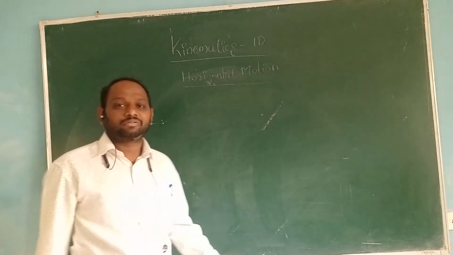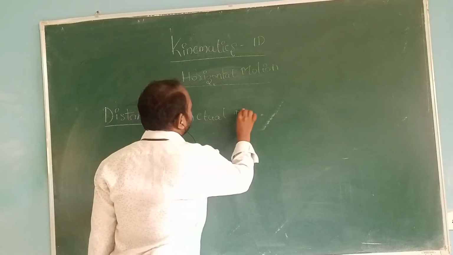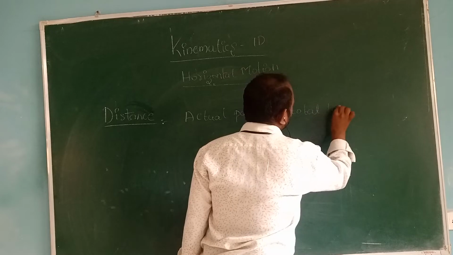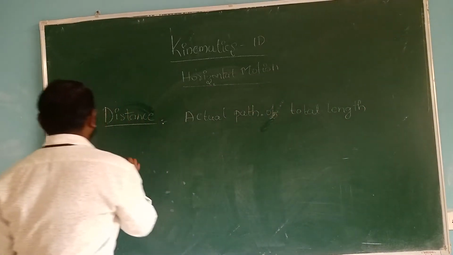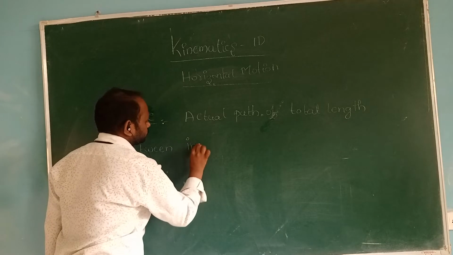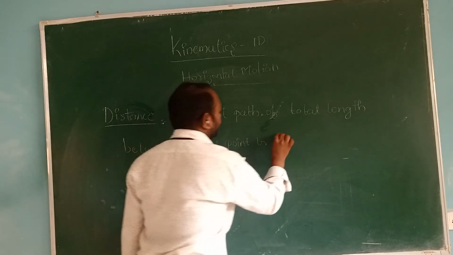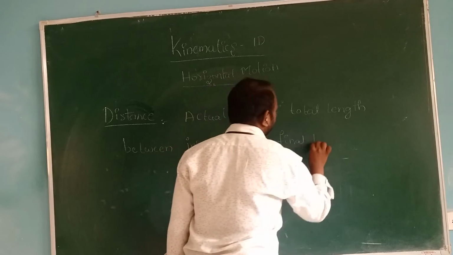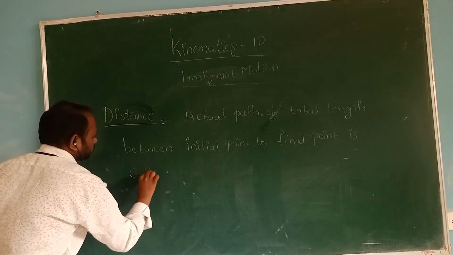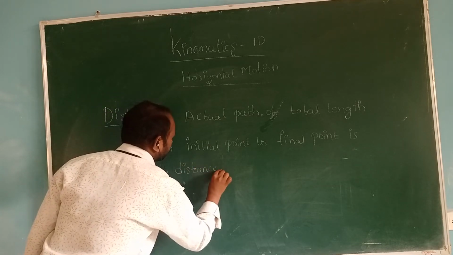The actual path of total length between initial point to final point is called distance.